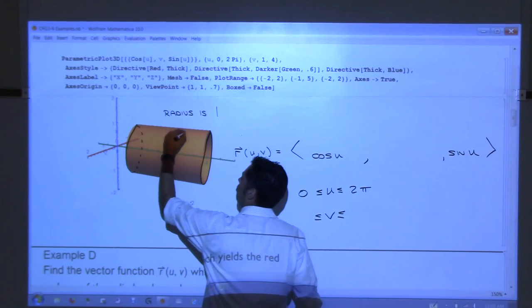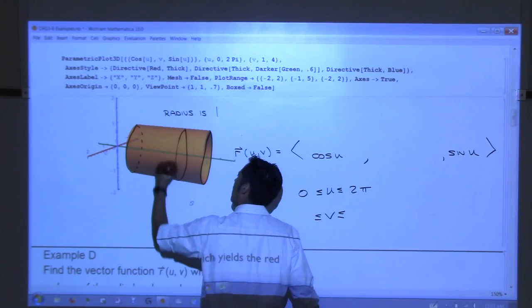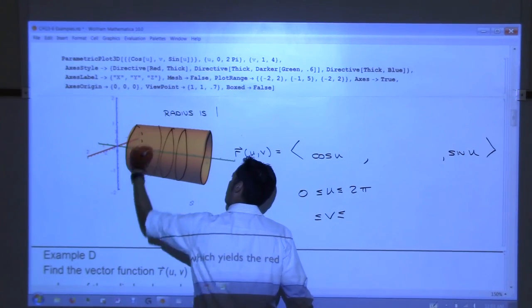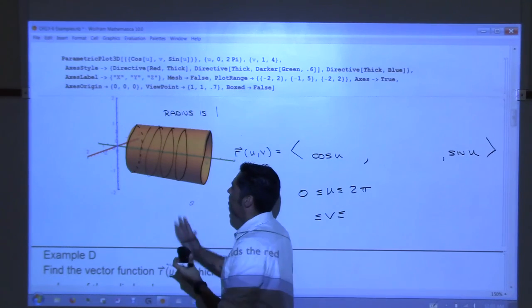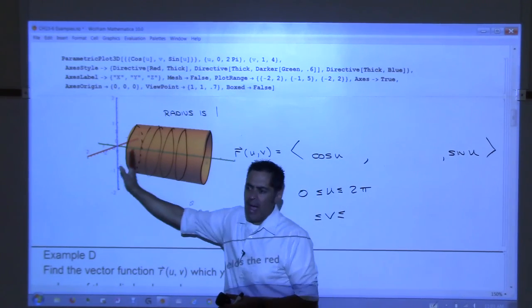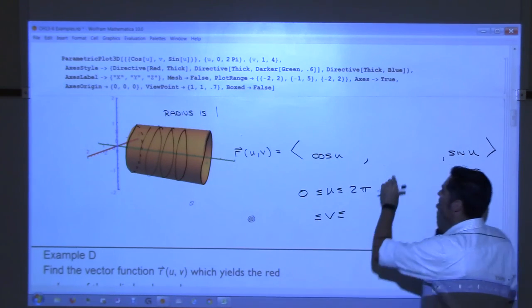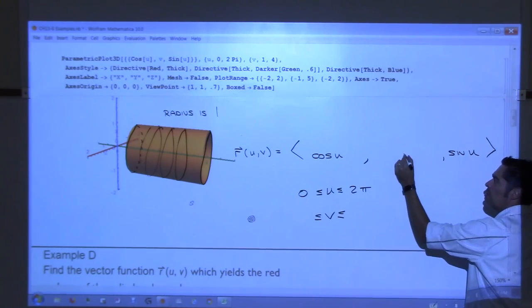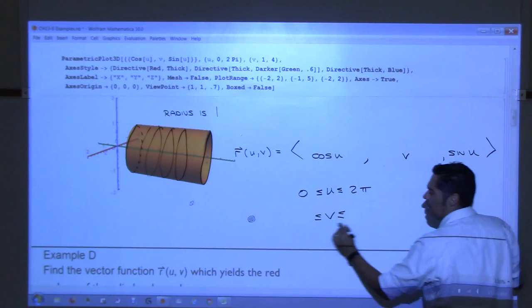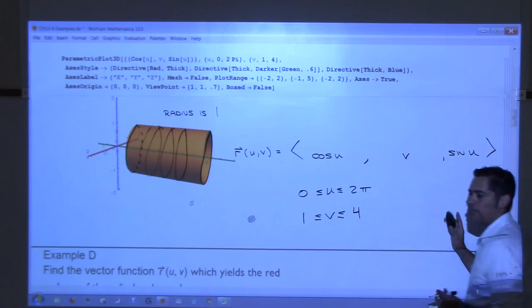And then if you wanted to draw all the circles in here, then you just basically need to move that y coordinate back and forth between 1 and 4, right? So our y component function should just be v, and then let v go between 1 and 4.